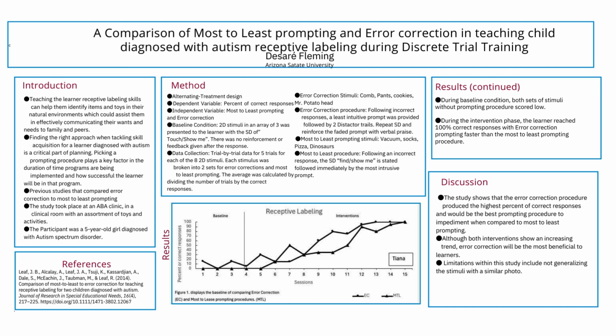For most-to-least prompting, again, an array of 3 2D stimuli was presented to the participant. The SD stated, touch, show me the target. If the learner did the correct response, she accessed the reinforcement for 7 to 10 seconds.